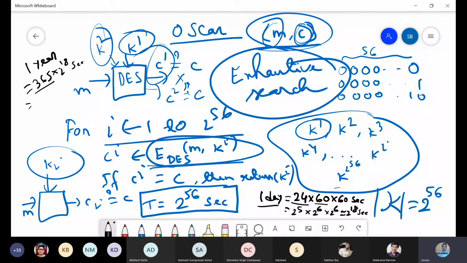What is this? 2 to the power 20, we can say. Sorry, not 2 to the power 20, 2 to the power 8, maybe. You can just check.